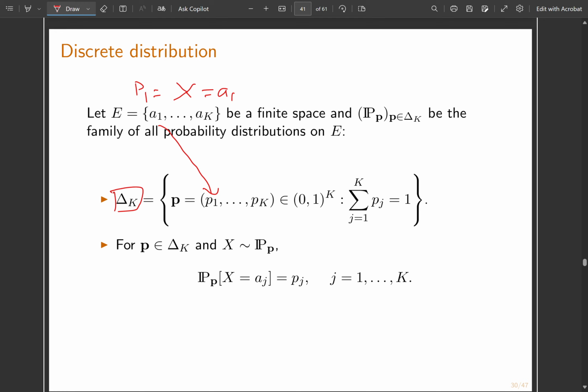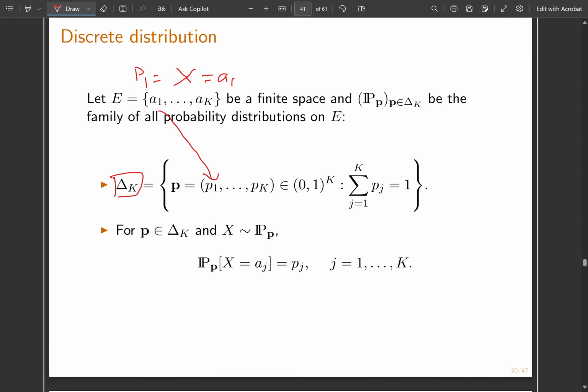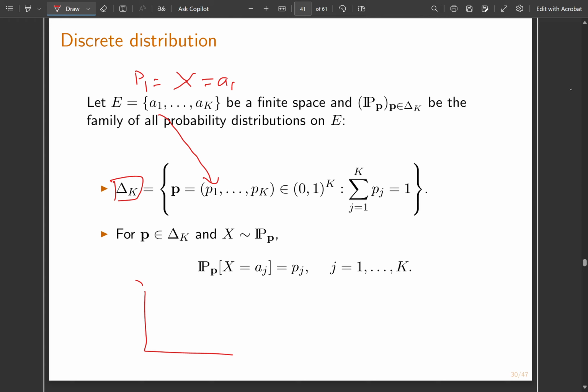Now, let's take an example. Just say we have only two realizations of some random variable. Let's assume, for example, that they are x and y.